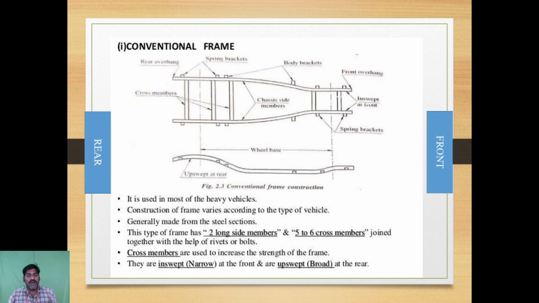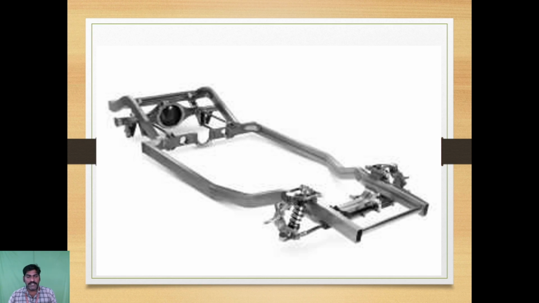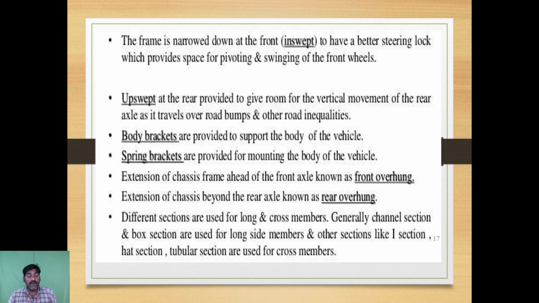Cross members are used to increase the strength of the frame. They are swept narrow at the front and swept up at the rear. This is the frame, the body frame, the body chassis.